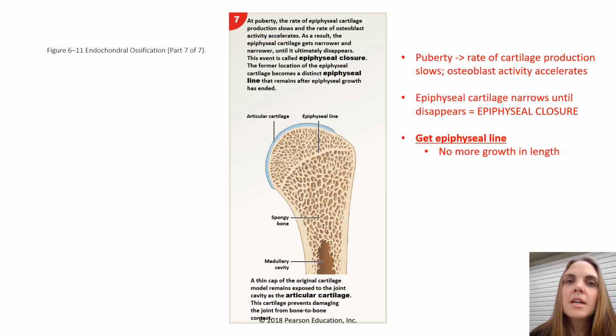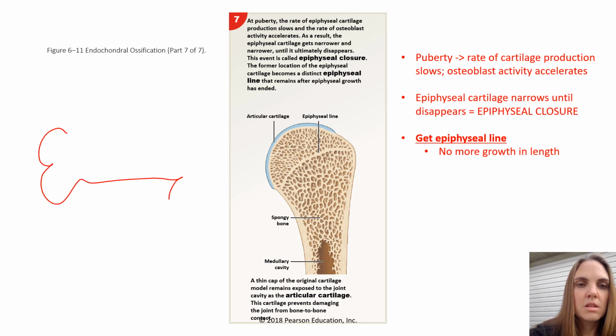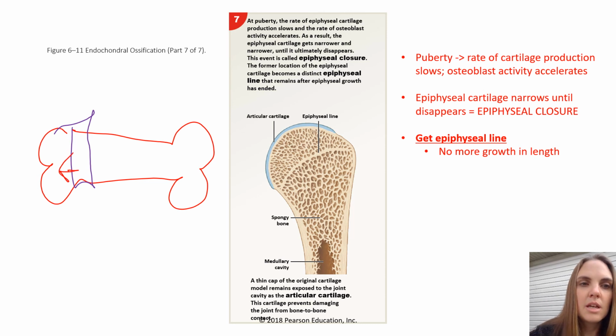At puberty, the rate of that epiphyseal cartilage production slows down, here's our epiphyseal plate, while the rate of the osteoblast activity at the diaphysis side is increasing.